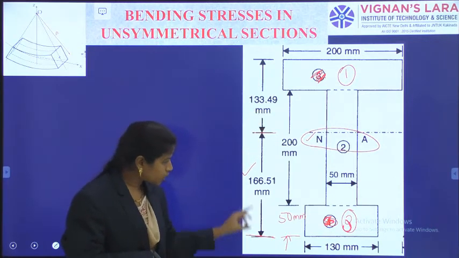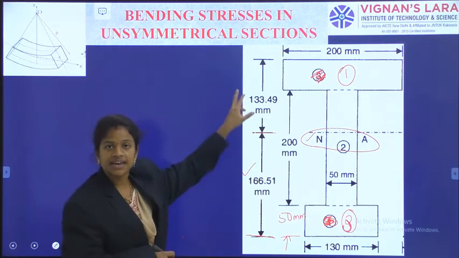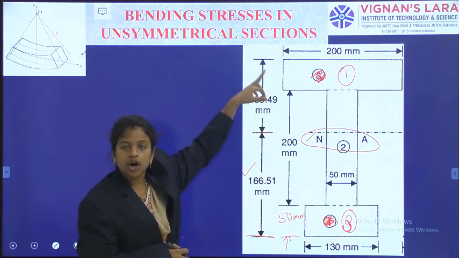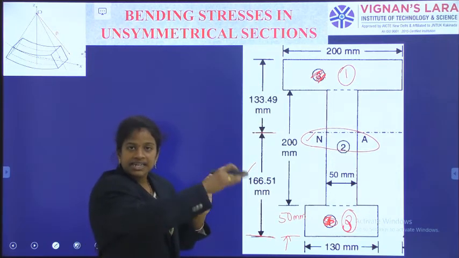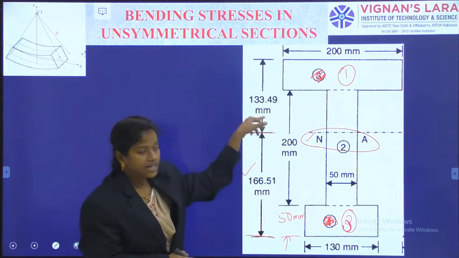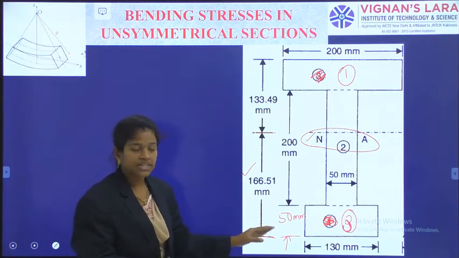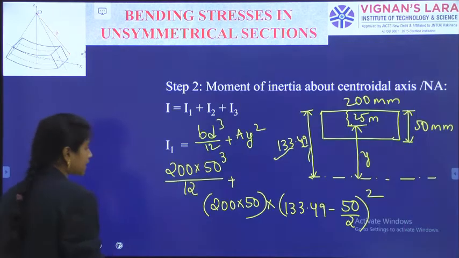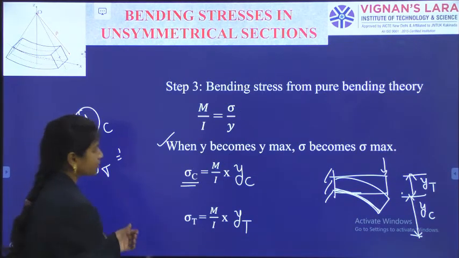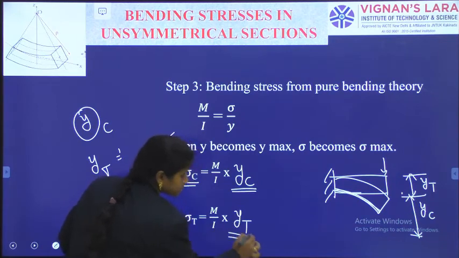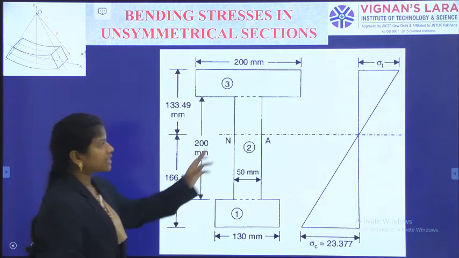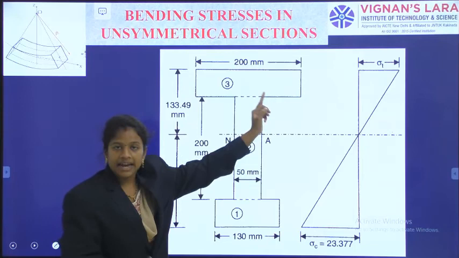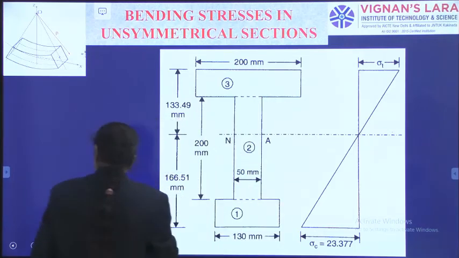From the neutral axis to the bottom fiber I have another distance. Then you substitute for the top portion where the tension is occurring, that is yt. Where the compression is occurring, that is yc. Substituting these two values, you will get two sigma answers, and finally you will get the overall picture like this.